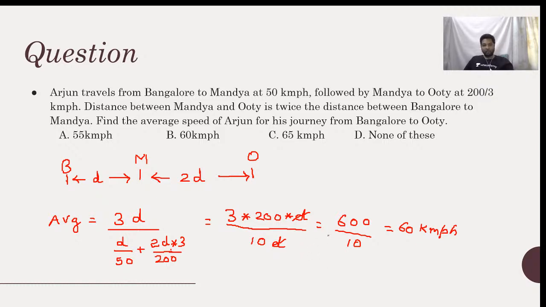So then it would have been 300 divided by 2 plus 4 plus 3, 7... So you simplify, you will get the answer as 60 kilometers per hour itself. Is that clear? Therefore, the answer is 60 kilometers per hour.